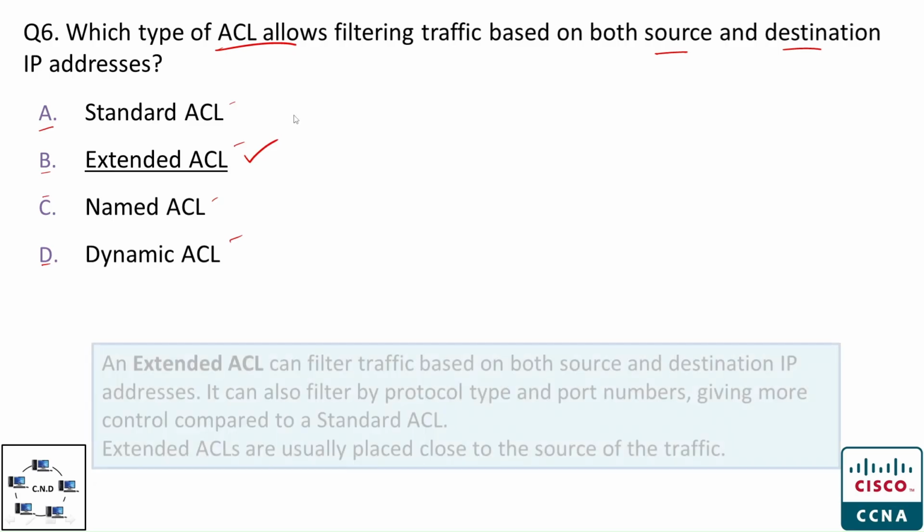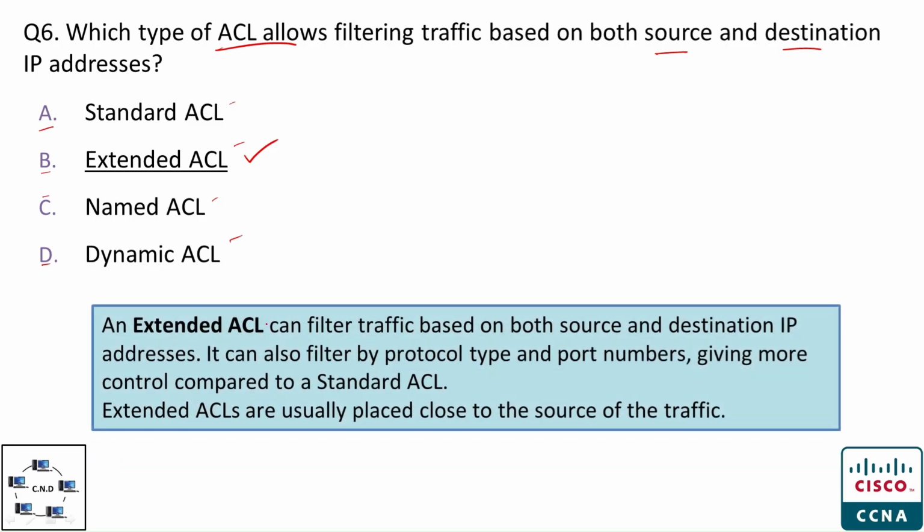So what is an extended ACL? An extended ACL can filter traffic based on both source and destination IP address. It can also filter traffic by protocol type and port number, giving more control compared to a standard ACL. Extended ACLs are usually placed close to the source of the traffic.